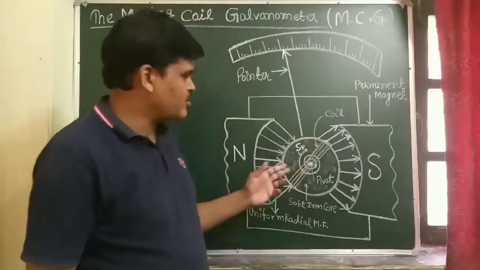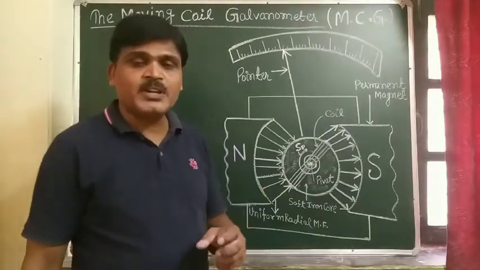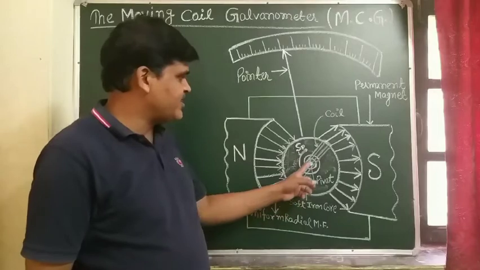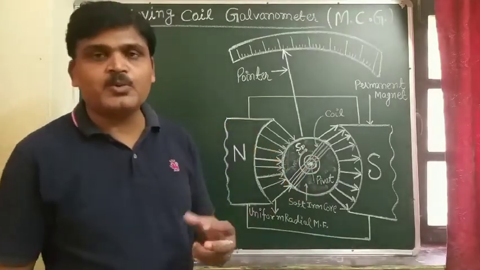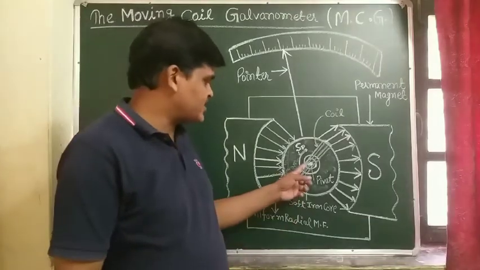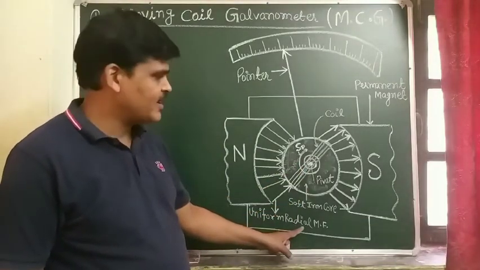And construction of galvanometer, listen carefully. A galvanometer consists of a coil with many turns which is free to rotate about a fixed axis in a uniform radial magnetic field.